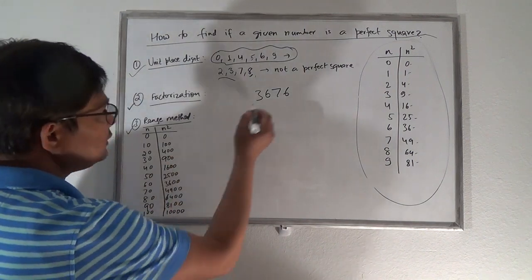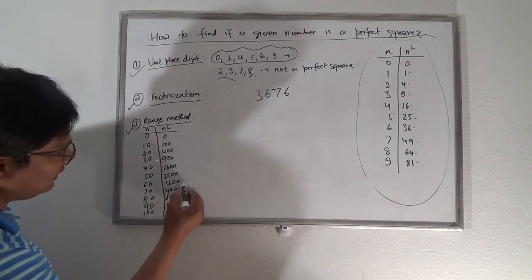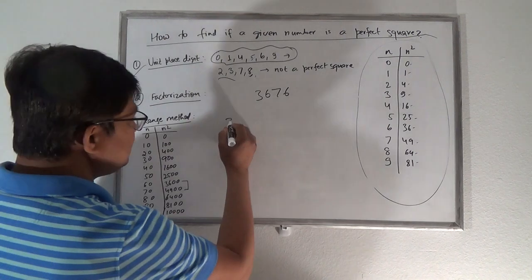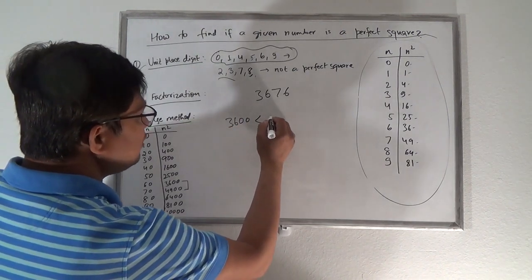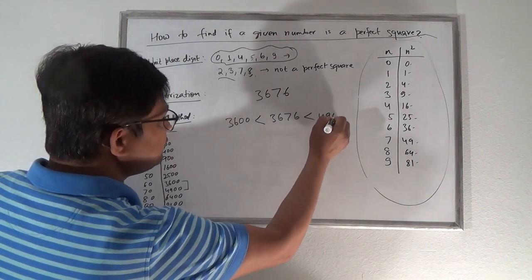Where does it fall? 3676 is between these two numbers. So you can say 3600 is smaller than 3676, smaller than 4900.